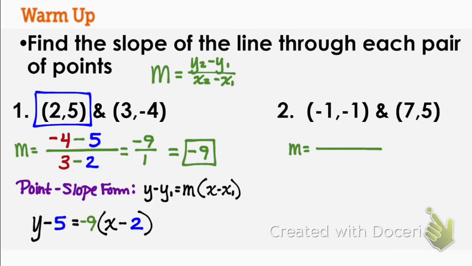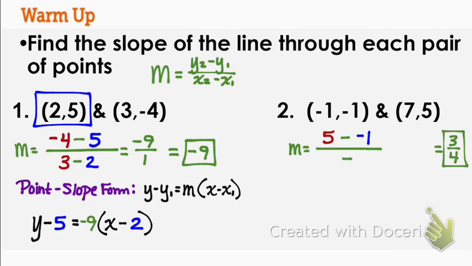What is the slope for number 2? 3/4. Let's talk about how we get there. I know I'm going to subtract 2 numbers. What do I have in my numerator? 5 minus what? -1.